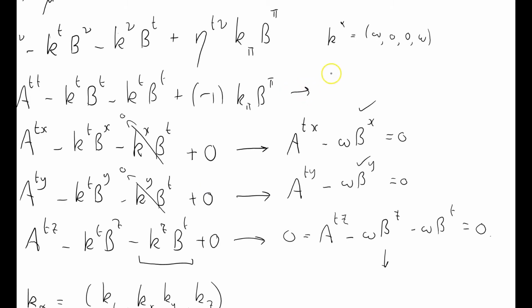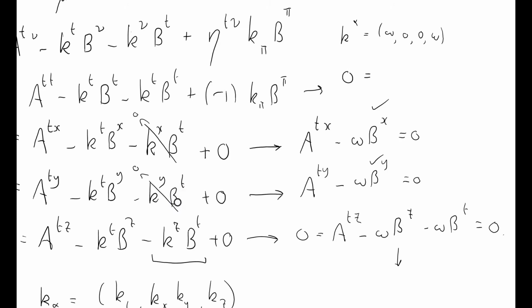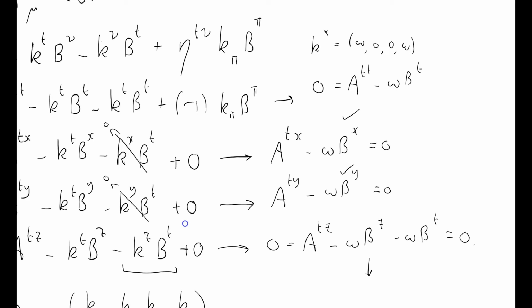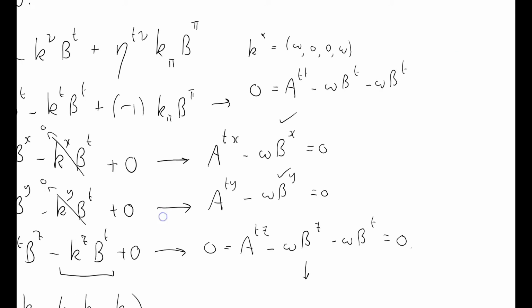That says that 0 equals A tt minus omega bt, minus omega again bt, because we've got two identical terms, minus k pi b pi, summed over pi.